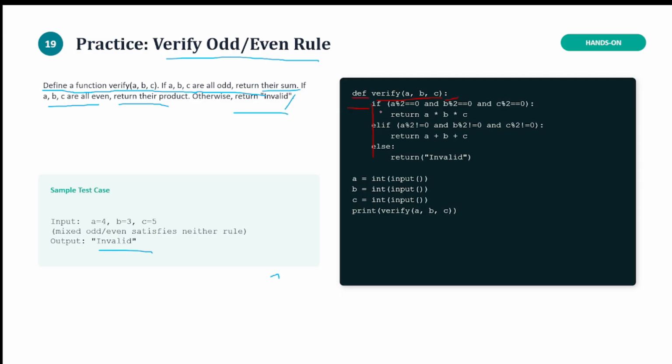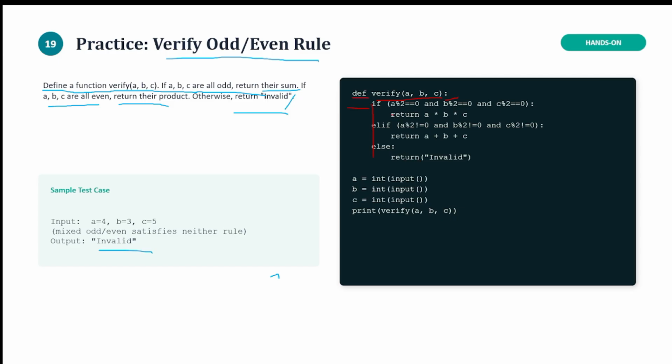If this condition is true, we are going to return the product. If the numbers are odd, we are going to return the addition. Otherwise we are going to print invalid.